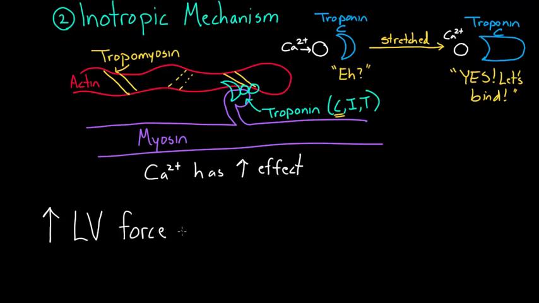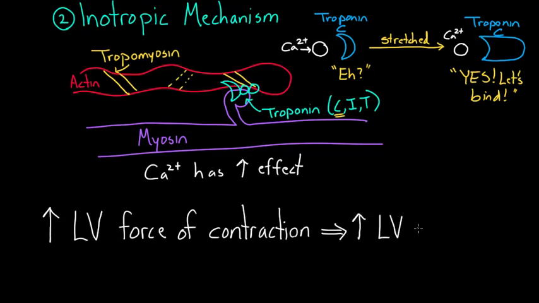So this is kind of the end of the day what you're going to get. And as you get that larger force of contraction, I could go even further and say, well, what is that force? Well, it's pushing against blood, and that's pushing out on a certain area, and force over area is pressure. So a larger force of contraction really translates into a larger left ventricular pressure. Larger left ventricular pressure. And this, just to be very, very clear, is going to be during systole.